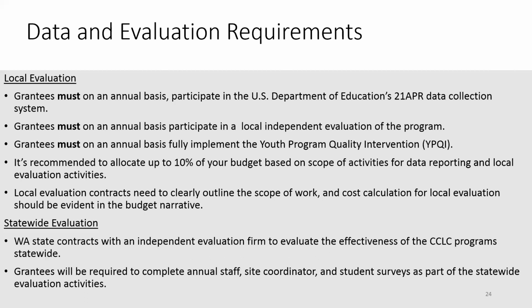An informal bid can be an email, a phone call, a newspaper article, or something you post on your school website. It just has to be documented, and it has to be fair and equitable and put out there for others to apply if they're interested in applying to be your local evaluator.